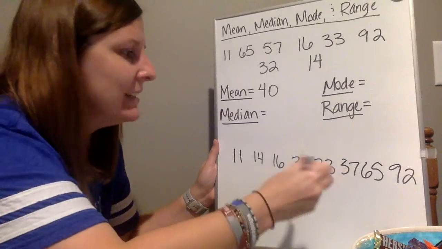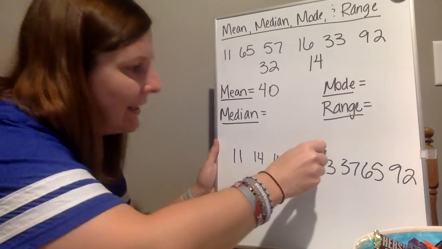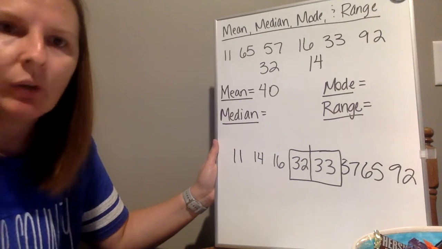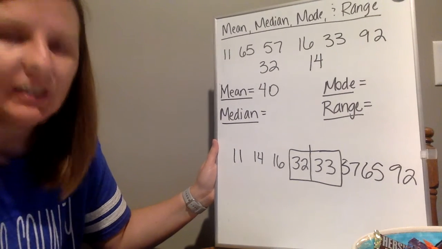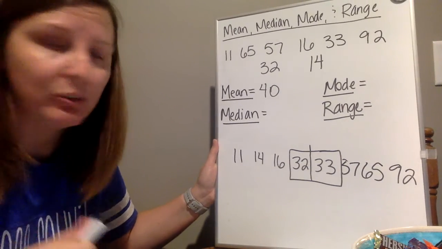Now I have 8 numbers. I want the middle number, but there's not a middle number right there. That means that I have to find the average of those 2. Some of these problems, yes, it's going to have a median for sure, and you won't have to do any math. But for this problem, we have to do some math.